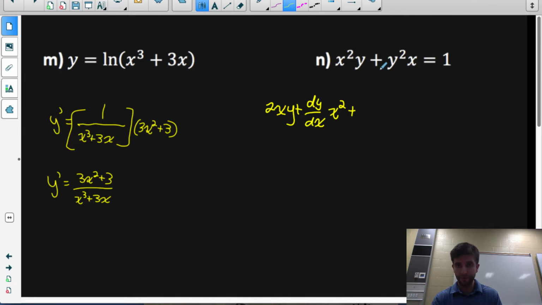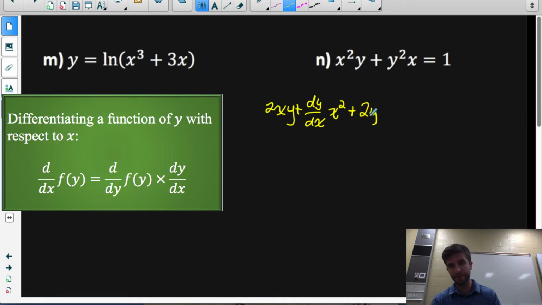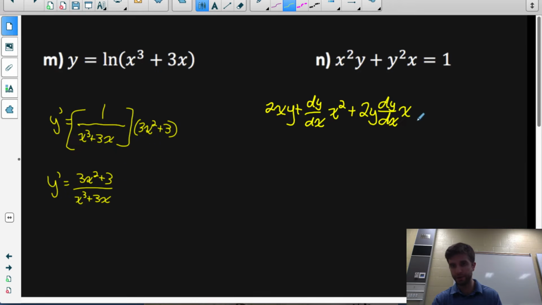The derivative of y squared with respect to y is 2y, but then that has to be multiplied by the derivative of y with respect to x, because that's what I actually want. I don't necessarily want the derivative with respect to y, I want it with respect to x. That has to be multiplied by x, keep in mind we're doing product rule here, plus the derivative of x, which is 1, times y squared, equals the derivative of 1, and the derivative of any constant is 0.